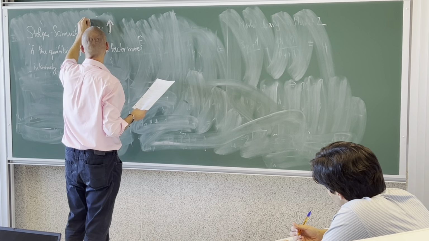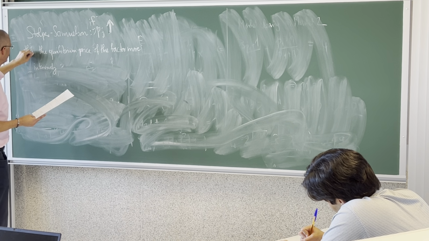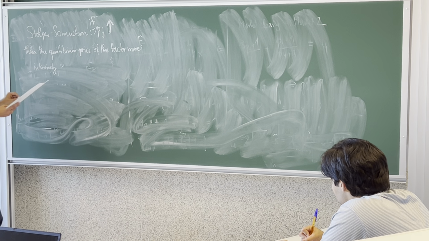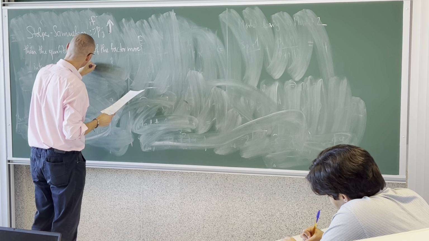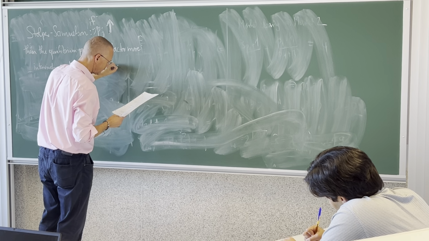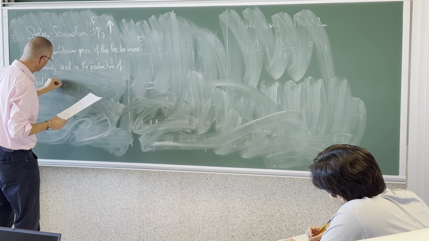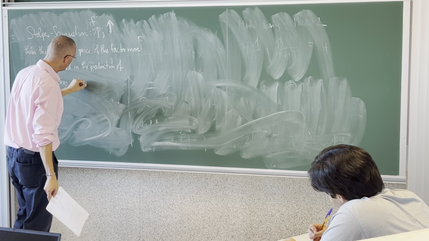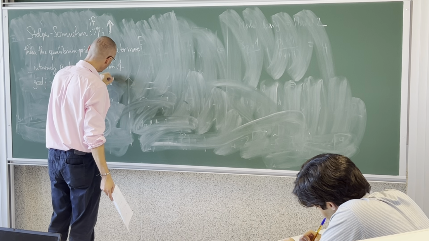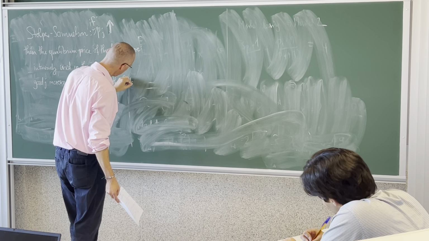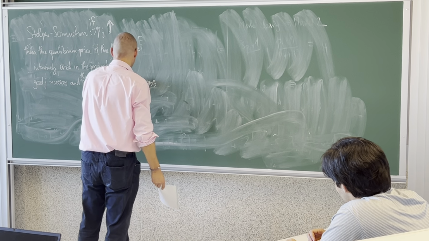So what I'm going to say, if P chain increases, then the equilibrium price of the factor more intensively used in the production of good chain increases, and the price of the other factor decreases.